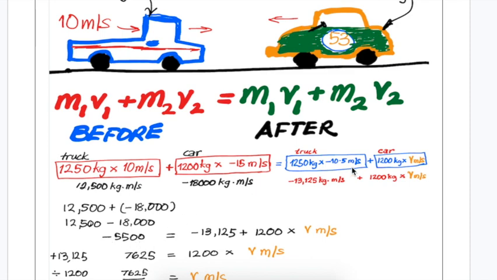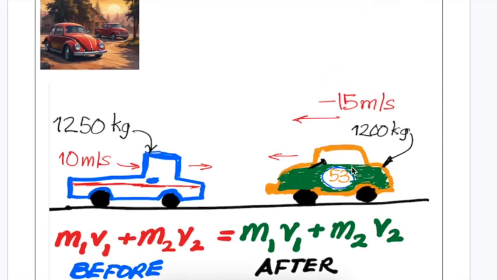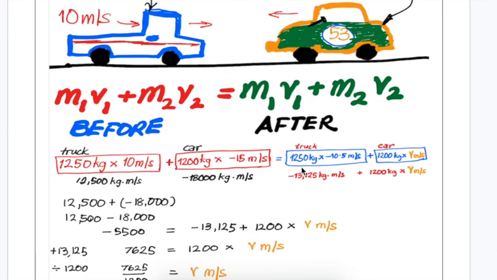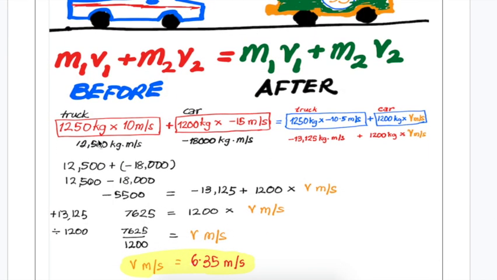Then of course, what are we solving for? We are solving for the velocity of the Beetle after the collision. So going back to our law of conservation of momentum, momentum before must be equal to momentum after. It's conservation of momentum.